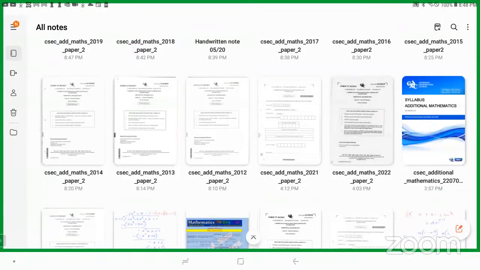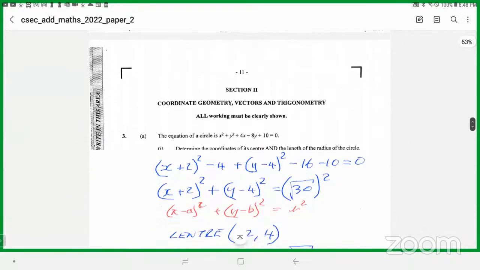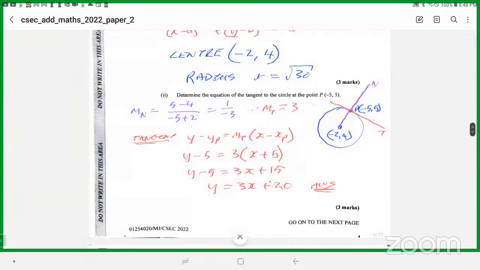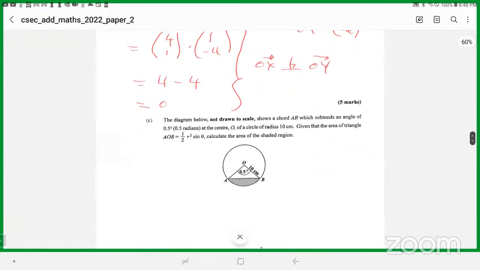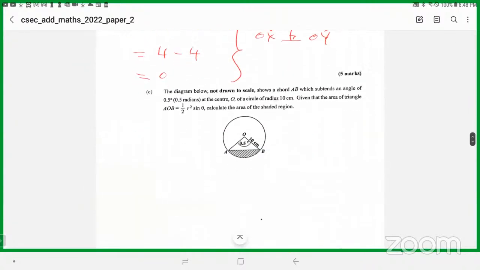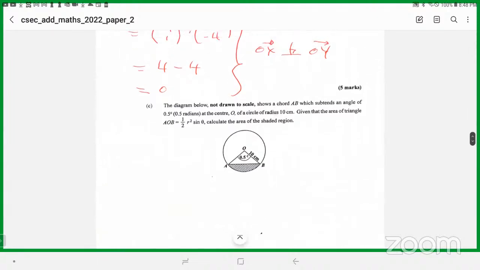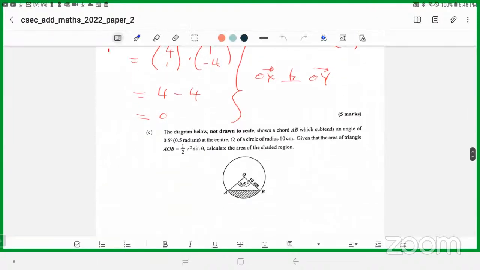2022. Let's see what happens. There are so many topics, I cannot cover everything everywhere. So 2022 is right here. That's a circle measures question.